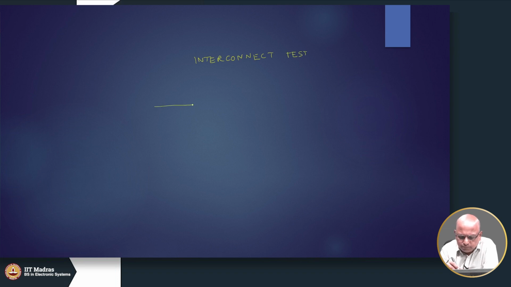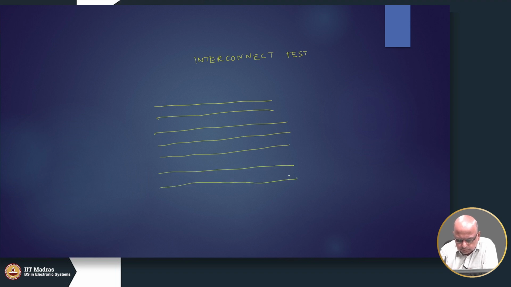So imagine that I have some 8 wires. So we can apply these patterns 0 1 0 1, 0 1 0 1, then 0 0 1 1, 0 0 1 1, then 0 0 0 0, 1 1 1 1.